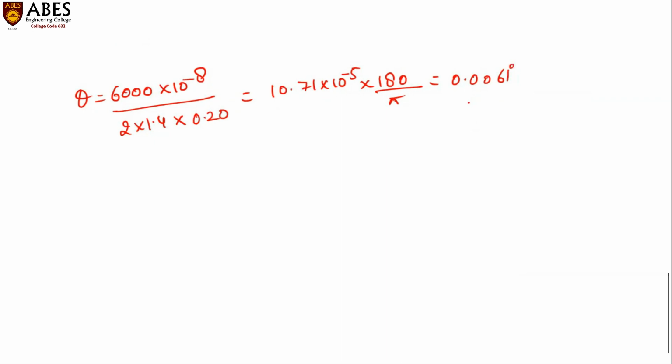And for seconds we have to multiply it. Theta is equal to 0.0061 into 60 into 60, that comes to 21.96 seconds. We have to calculate the angle in seconds, so this is the answer of this question.